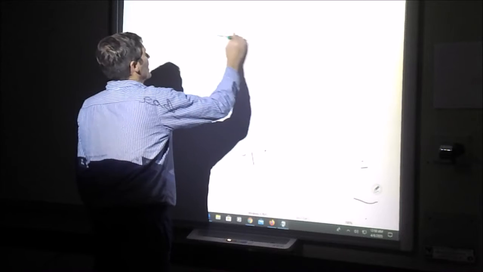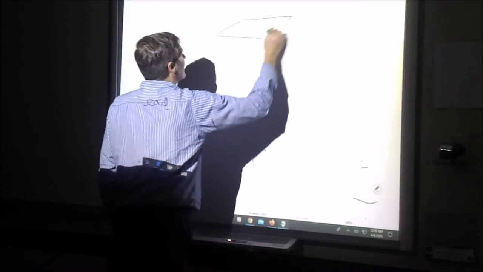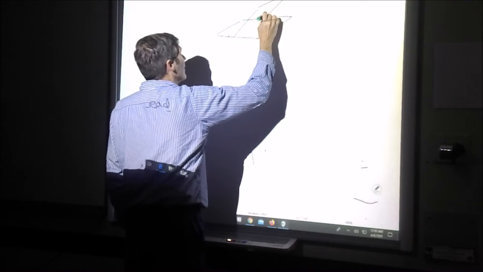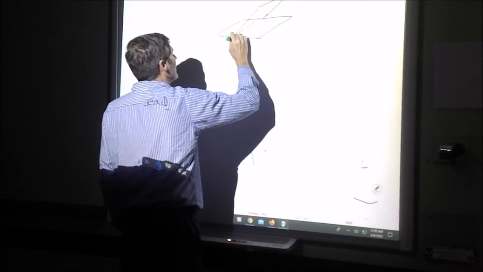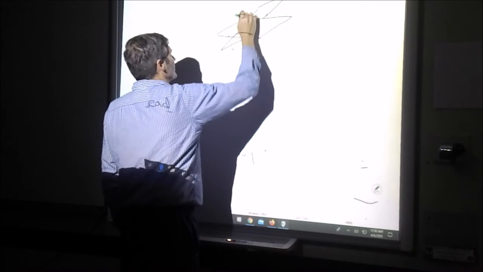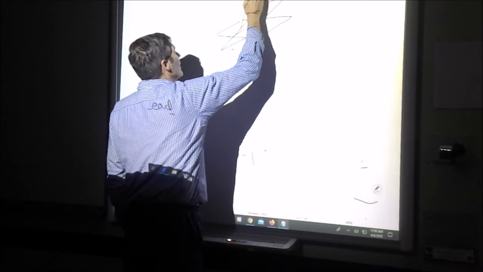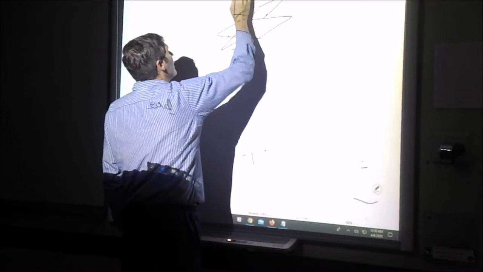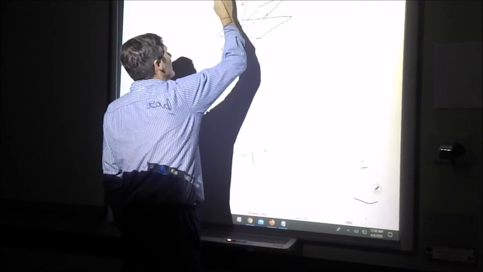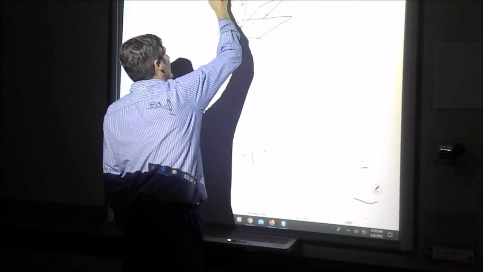If I want the angle between this plane and this plane, what I do is I construct their normals. Here's N1, normal to the first plane, and here's N2, the normal to the second plane.